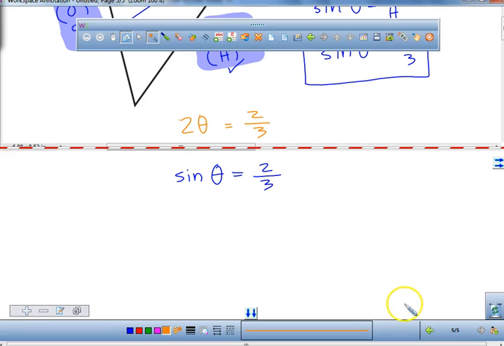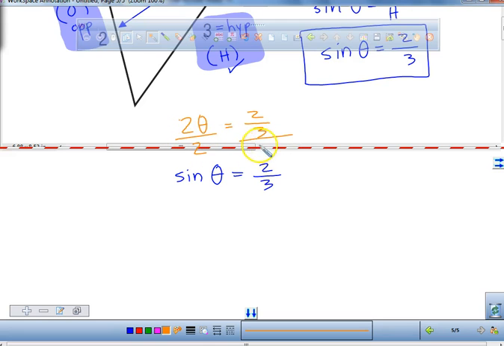Not sine, but 2. What would you do? No, not multiply by 2. You'd probably take both of those and divide them by 2. Most students would divide both things by 2. However, that's not going to work.